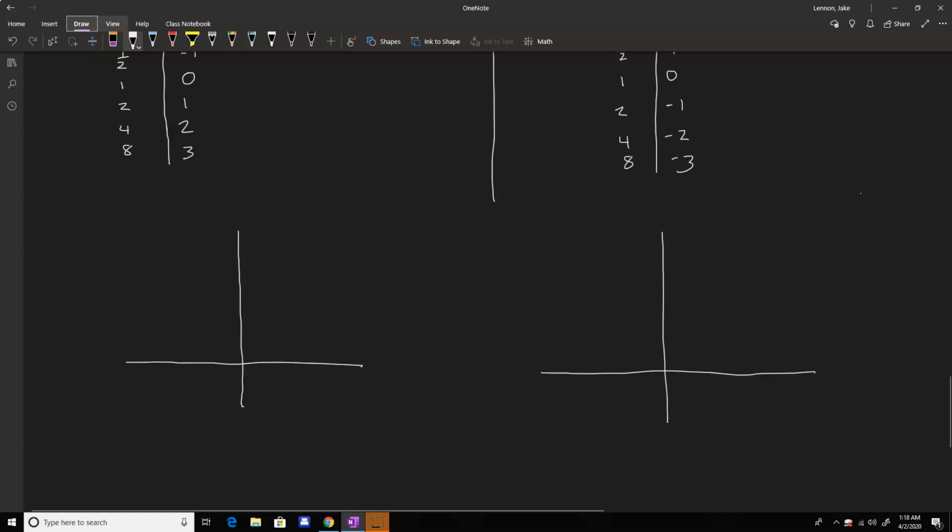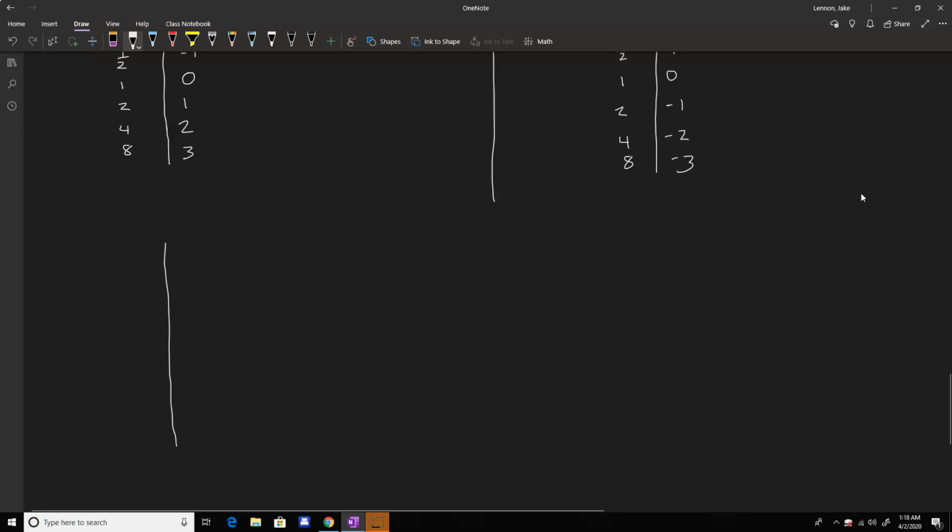So let me graph these real quick, because actually we don't need anything left of the y-axis. So let's sketch this like this. There we go, that's a better use of space for these graphs.